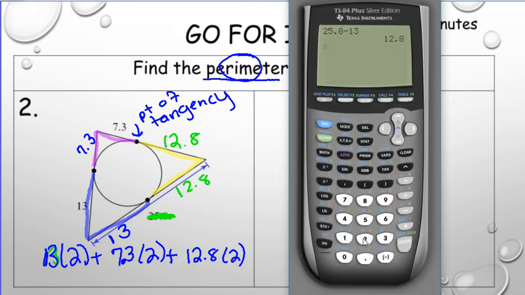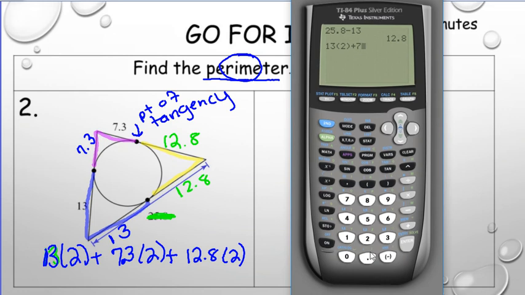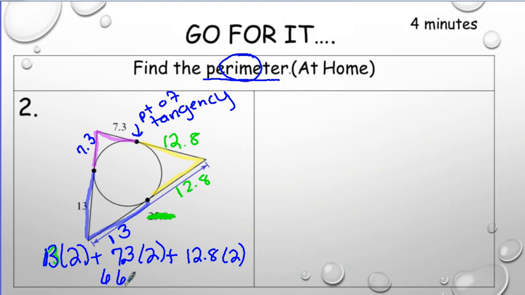Grab your calculator. Let's see what that is. 13 times 2 plus 7.3 times 2 plus 12.8 times 2 equals 66.2, and you can put whatever units you want. The units are linear with perimeter. All right, so that is number 2.